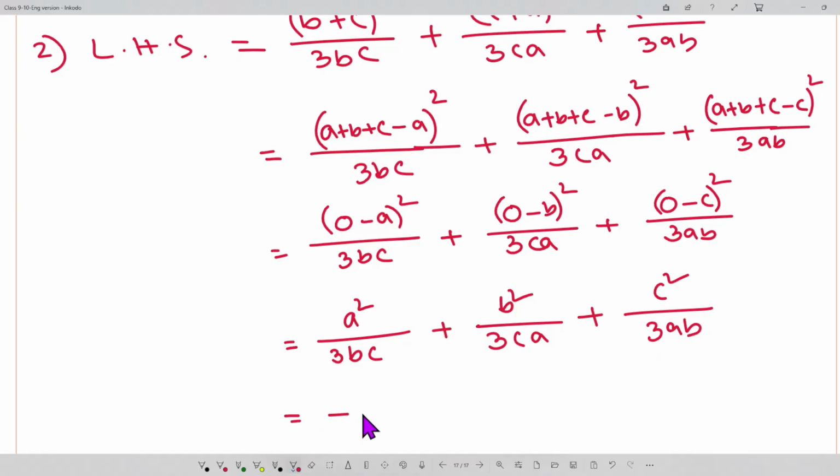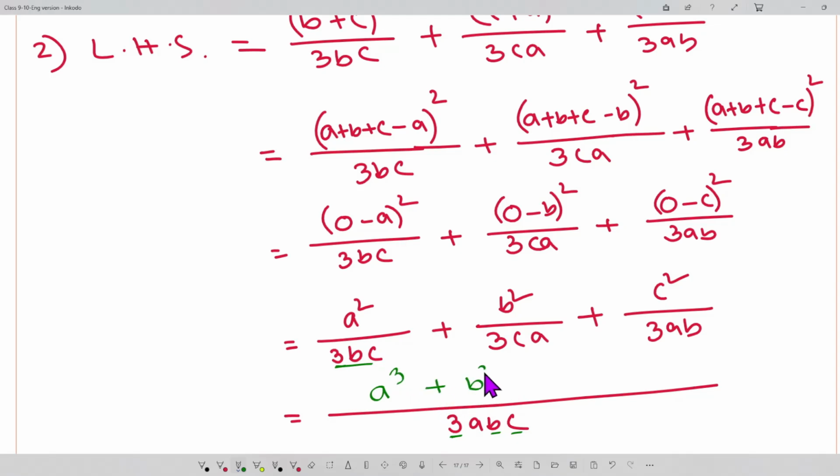Now we will make the LCM, which is 3abc, right? Now look, here 3 and here is 3. Once you divide 3bc into 3abc, here is a, so a times a square will be a cube.